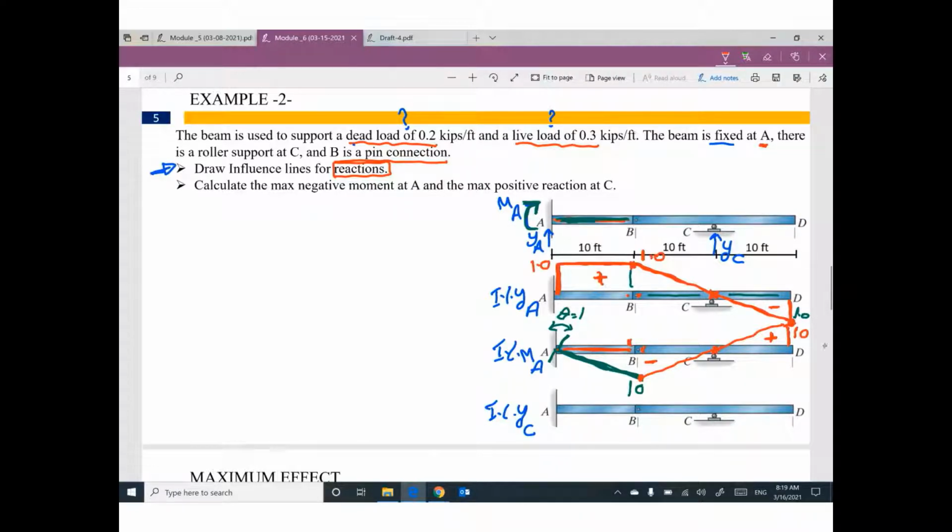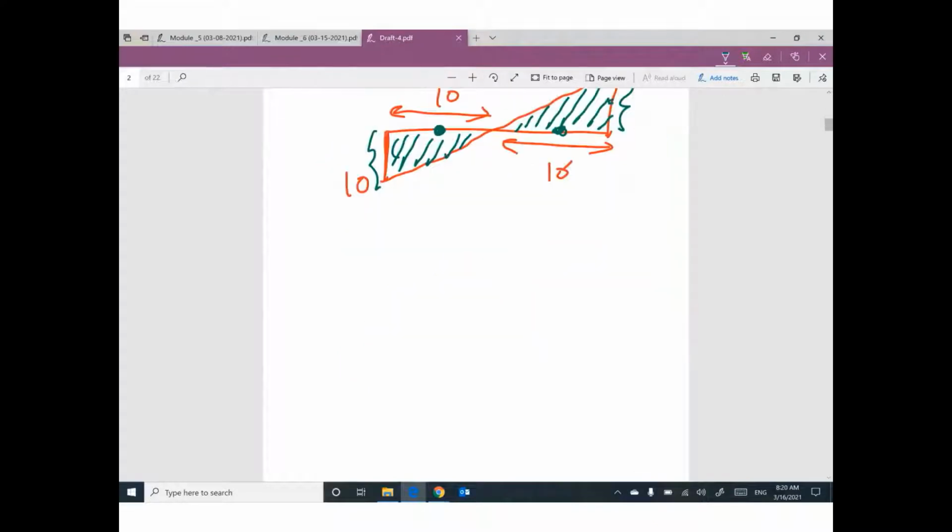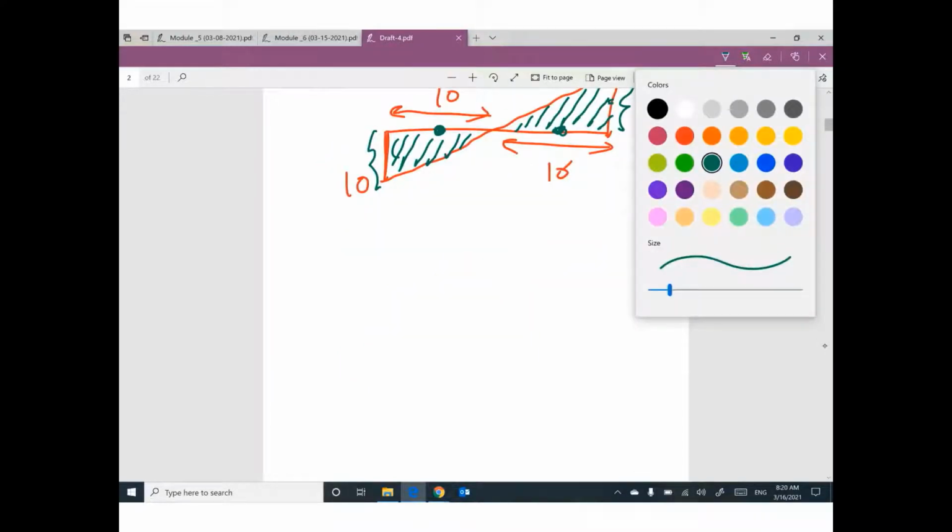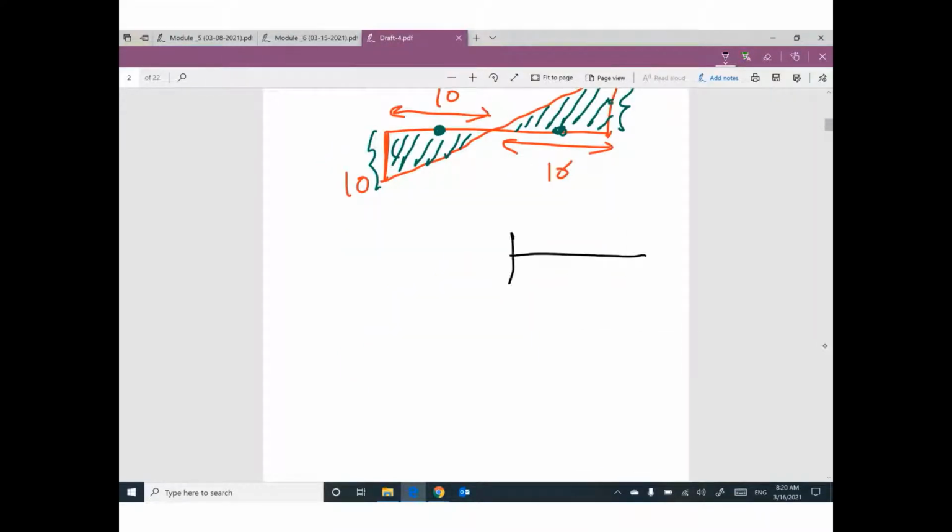Push support C up by 1. Any other support, no movement. Just a reminder, last meeting I told you, if you have a fixed support and one part of the beam attached to this fixed support, if you didn't move this fixed, the whole part will not move.